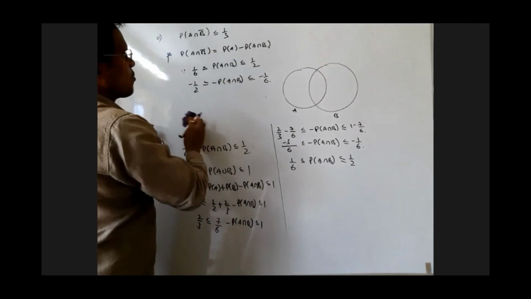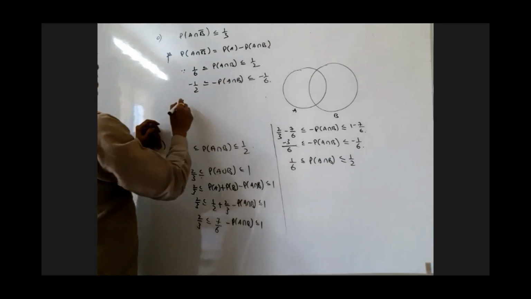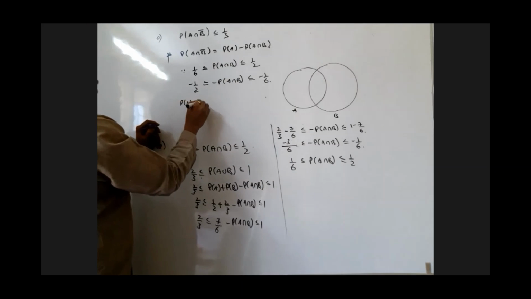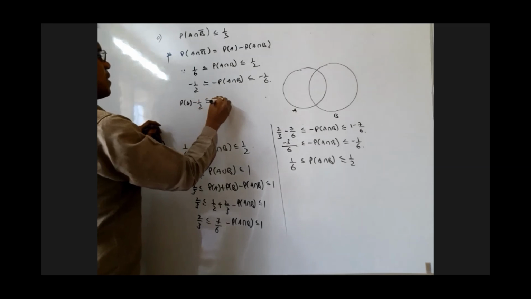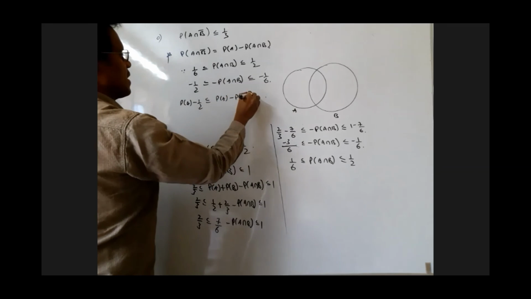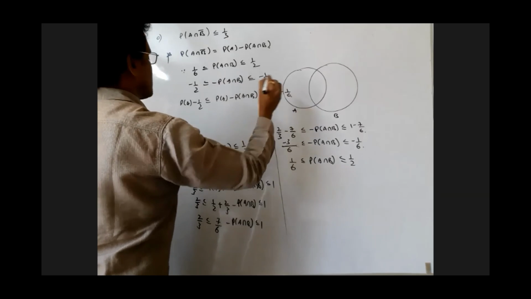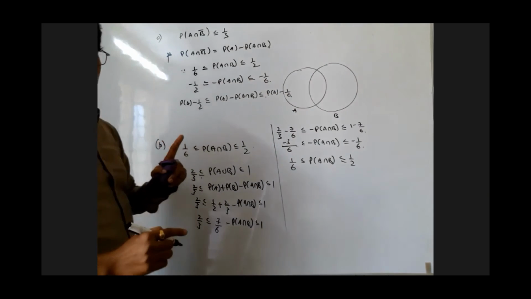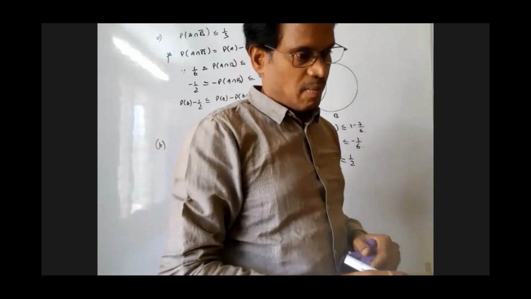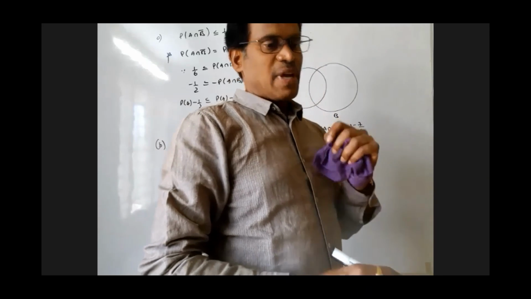Now, because I want P of A, I'm adding P of A. P of A minus 1 by 2 is less than or equal to P of A minus probability of A intersection B, which is less than or equal to P of A minus 1 by 6. Now write the P of A value. All of you know the P of A value, how much? 1 by 2.